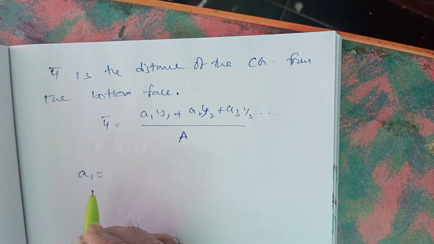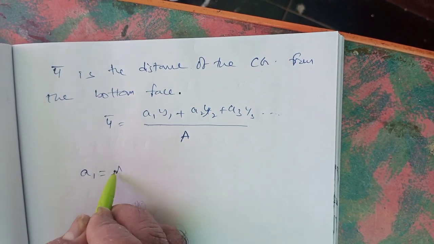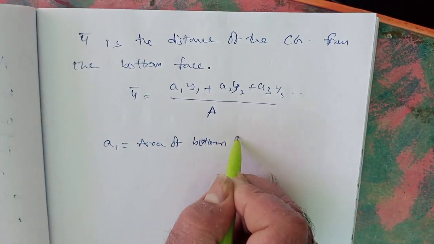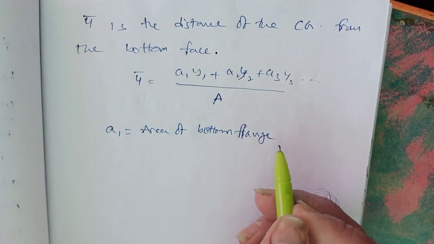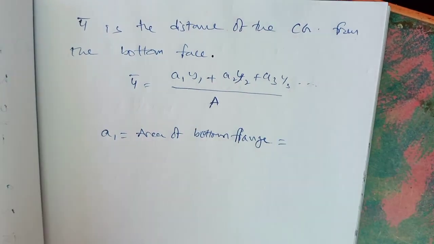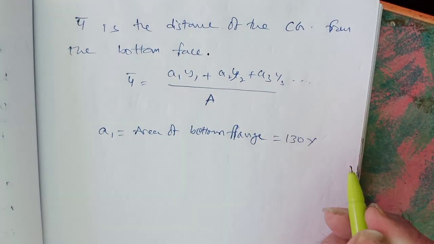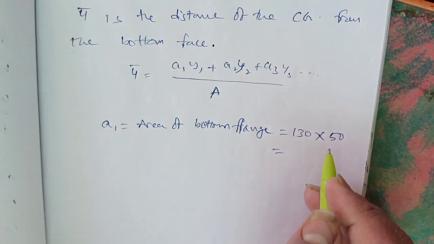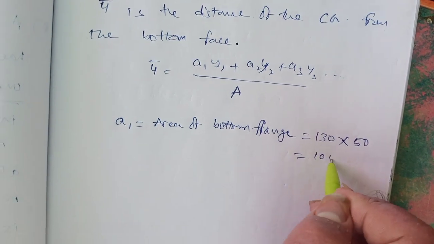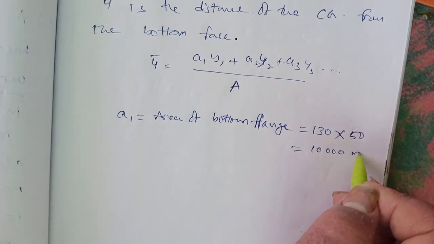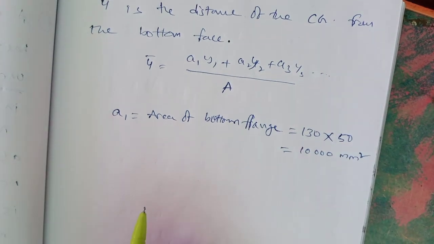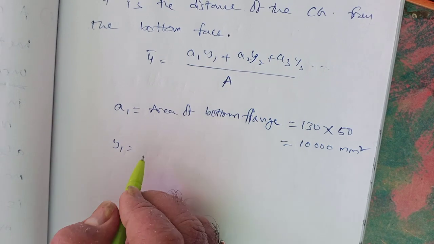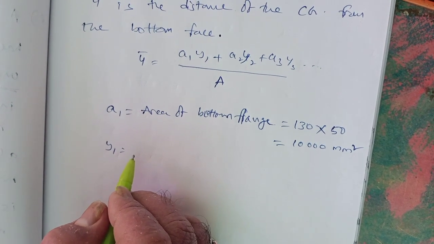A1 is equal to the area of the bottom flange. Bottom flange width is 130 into the height 50, so 130 into 50, which is 6500 millimeter square. Then y1 is the distance of CG of A1 from the bottom face.